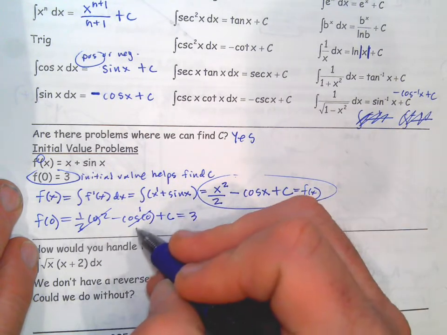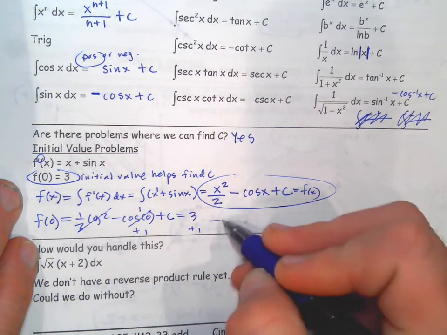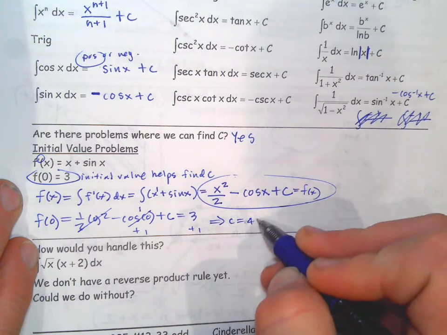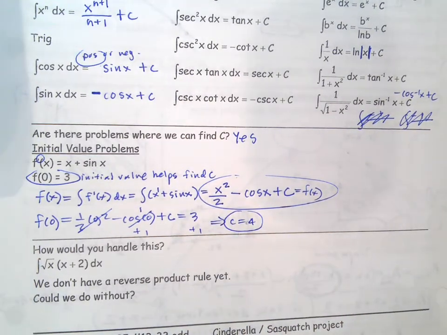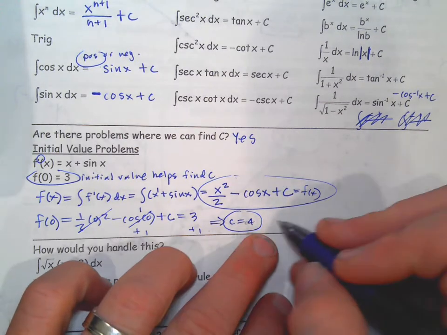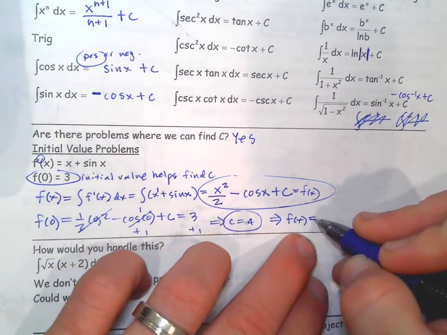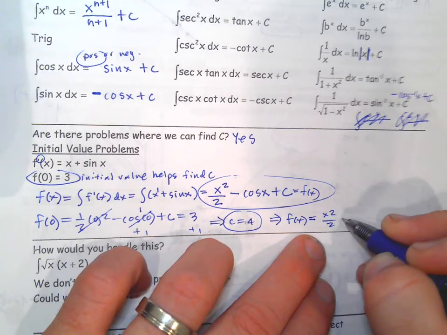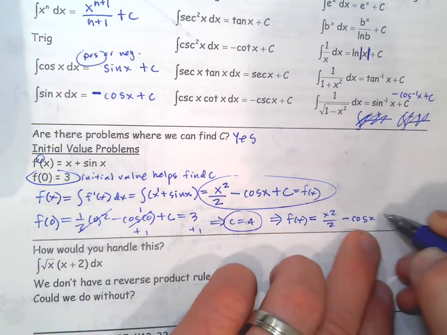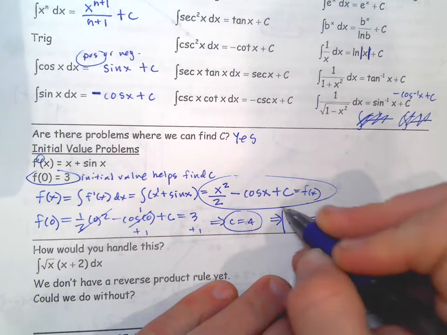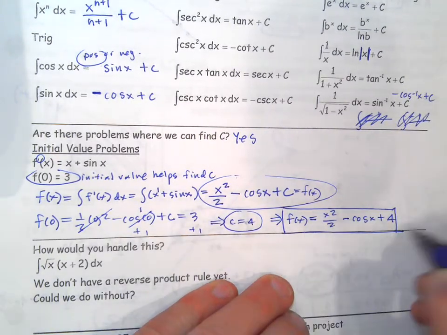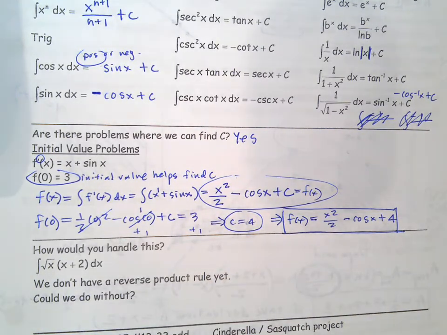So if you add 1 to both sides, you get c equals 4. So now we could rewrite it. Our function f of x equals x squared over 2 minus cosine x plus 4 is now the answer, specifically without a plus c.